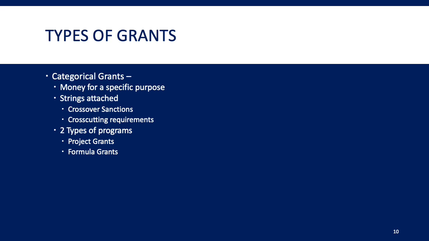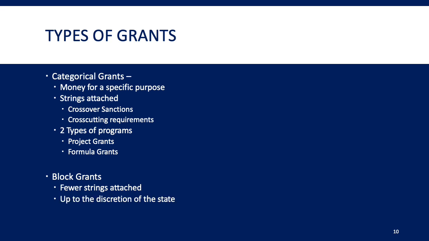And then we also have a different type of grant, which is called block grants. This is when the federal government gives money more or less automatically to the states or communities to help support broader programs. So again, we have fewer strings attached, right?